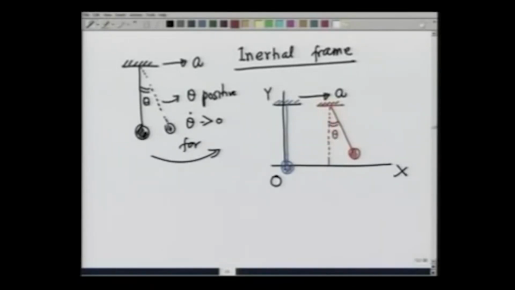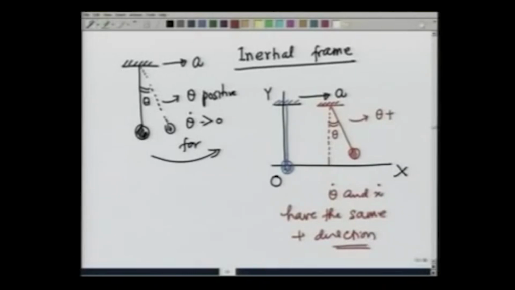As I commented earlier, I choose this direction as theta positive because then theta dot and x dot have the same positive direction, and that is important. Otherwise, I may have to change sign along the way.